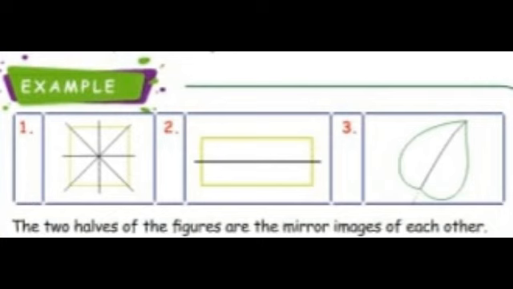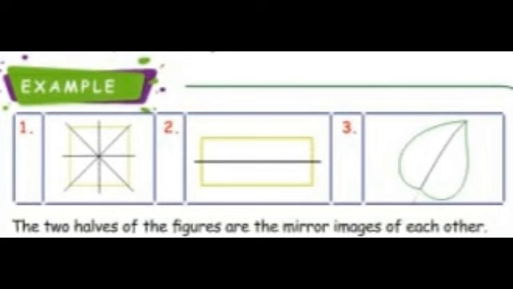The 2 halves of the figures are mirror images of each other. See, the first picture is a square, the second is a rectangle, and the third is a leaf image. If we divide into 2 pieces equally, we get half. So I have given you the 2 halves of the figure.